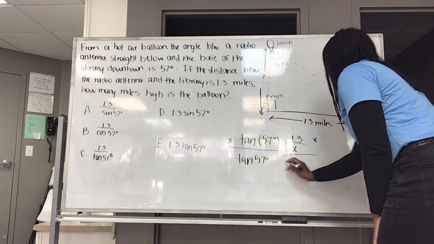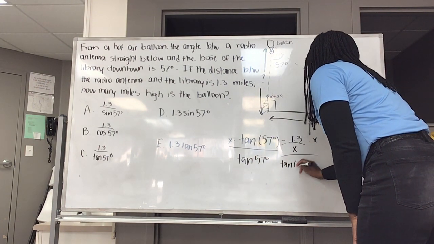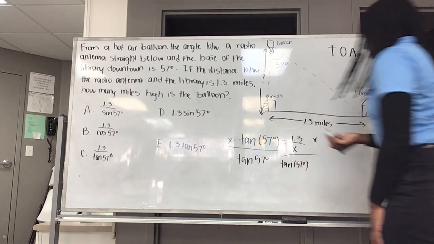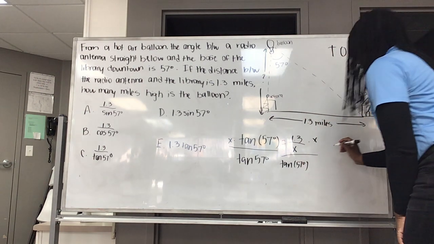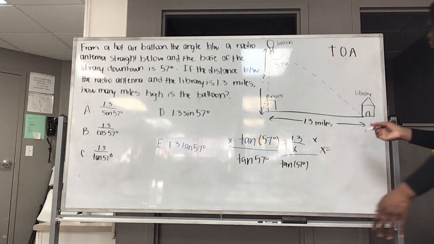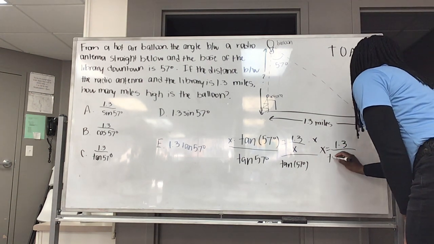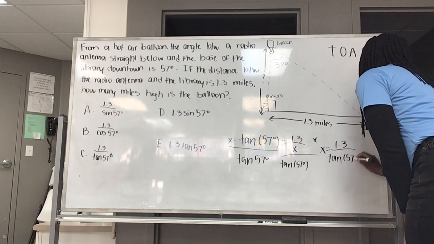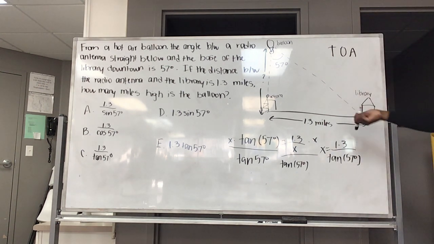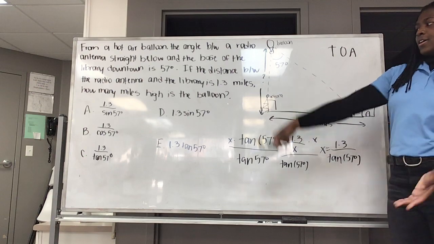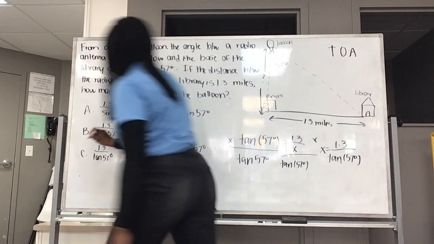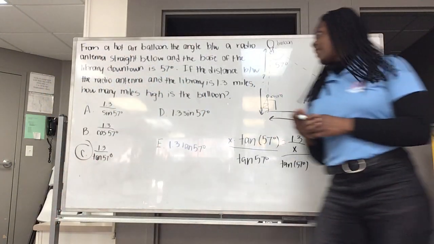So what x actually comes out to, even if we don't type anything in the calculator, is 1.3 over tangent of 57 degrees. And if we look at our answer choices, it matches answer choice C. So that would be our answer.